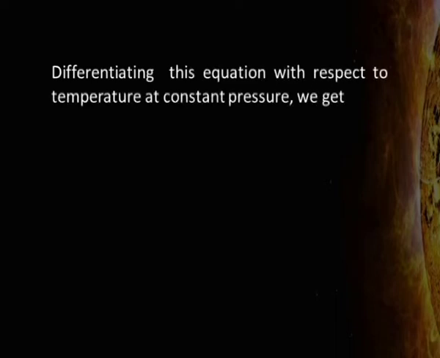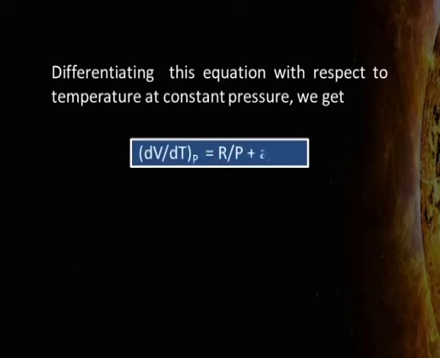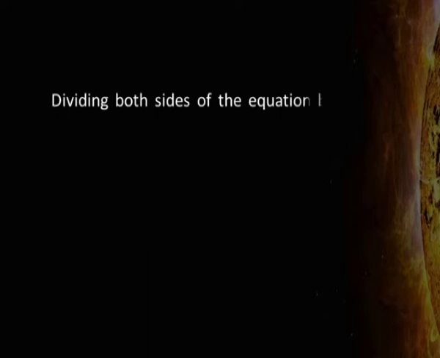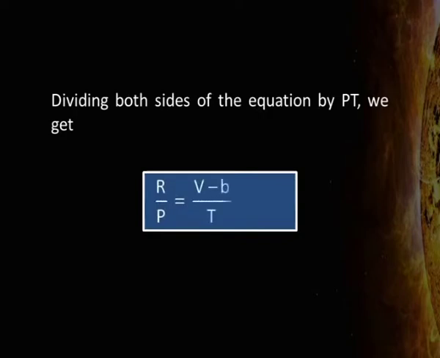Differentiating this equation with respect to temperature at constant pressure, we will get dV by dT at constant pressure equal to R upon P plus A upon RT square. Rearranging equation 3, we will have RT equal to P multiplied by V minus B plus AP upon RT. Dividing both sides of the equation by PT, we will get R upon P equal to V minus B upon T plus A upon RT square.